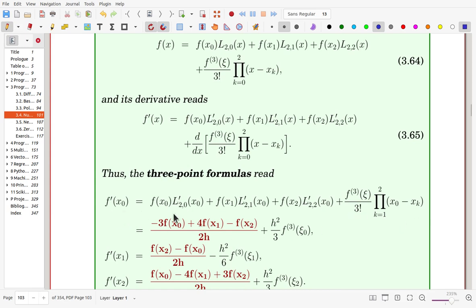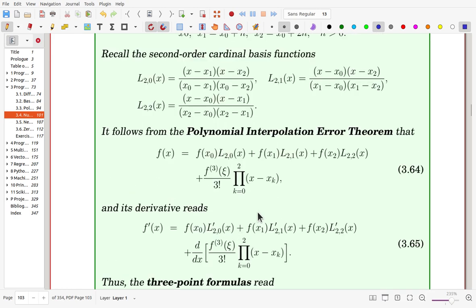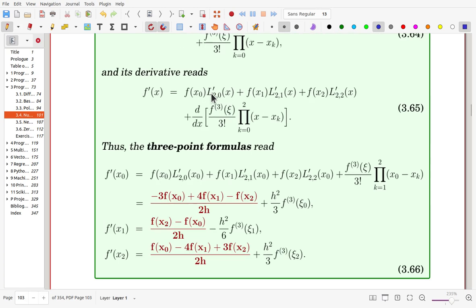Now, here these cardinal functions are explicitly constructed, and you can differentiate these functions, and then you can evaluate at x0. Then after doing some algebra, you can reach this term from these three terms, and then this will be simplified into this one.